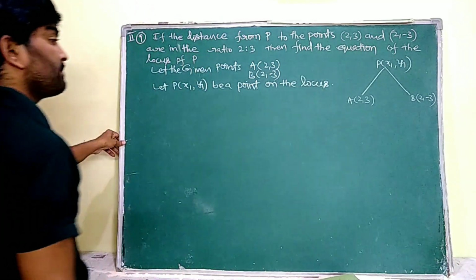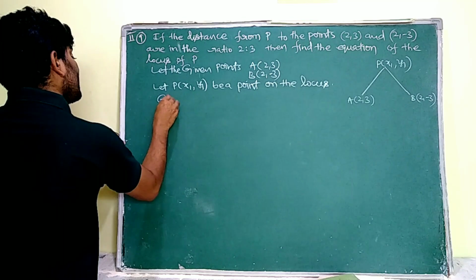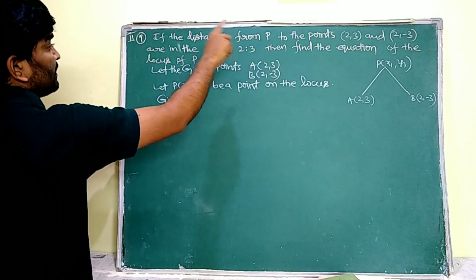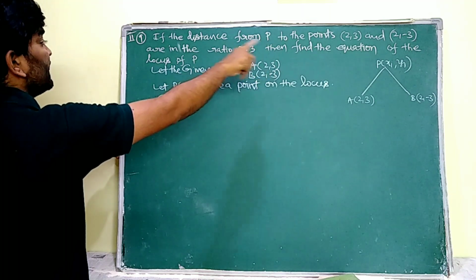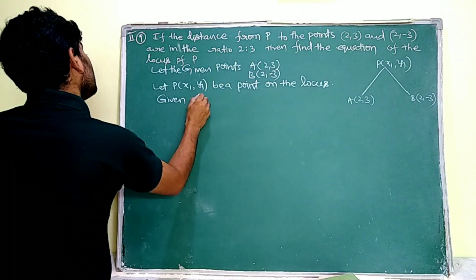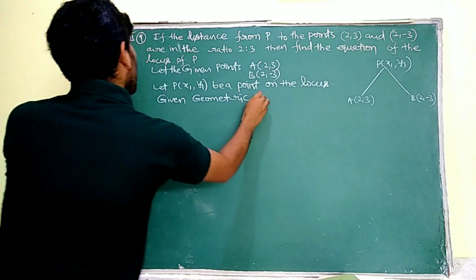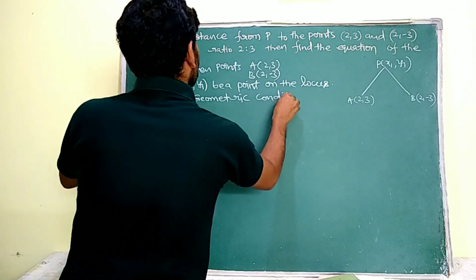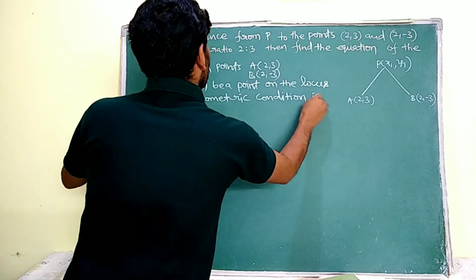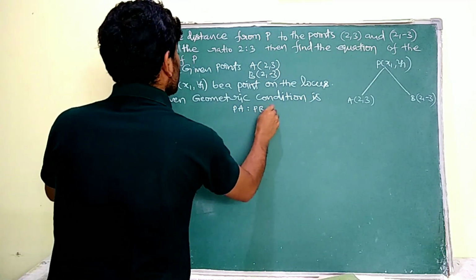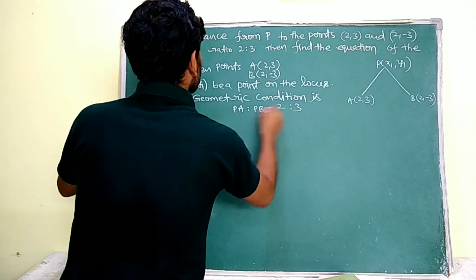Now see, given geometric condition: the ratio of the distances from P to A and B is 2:3. That is, PA is to PB is equal to 2:3.